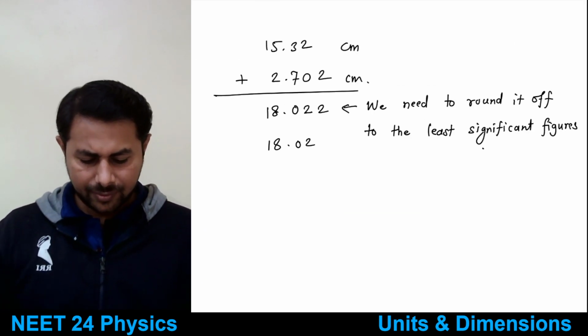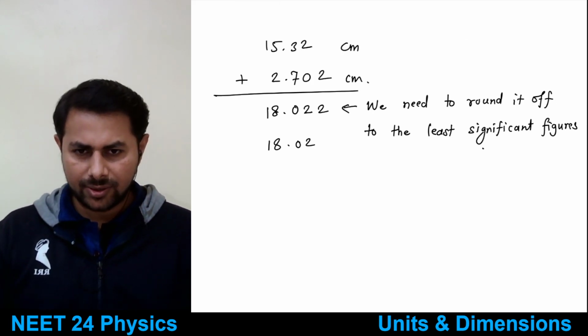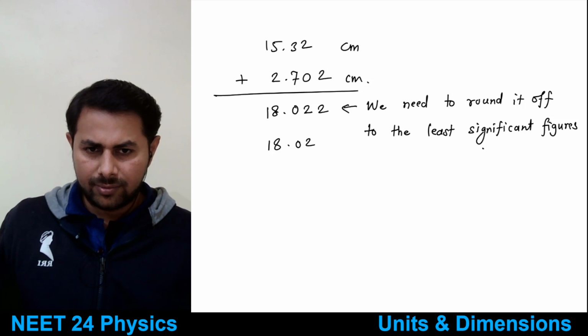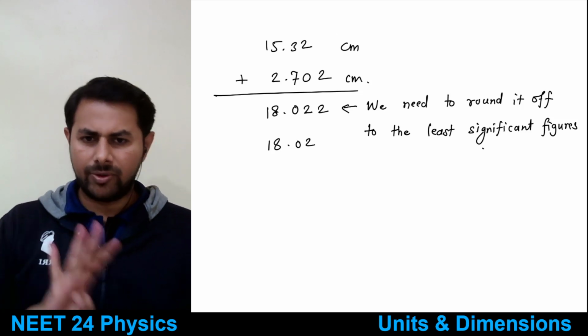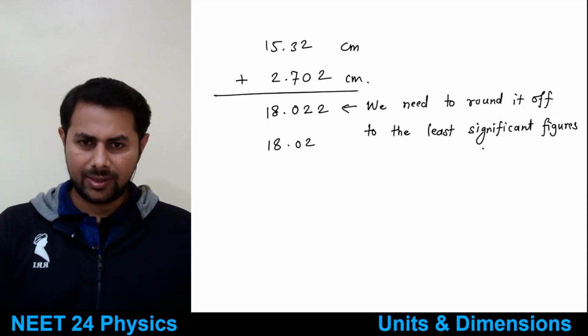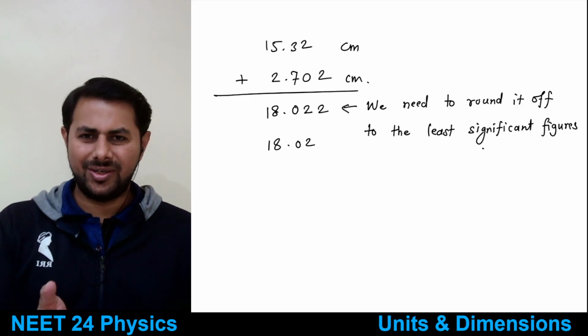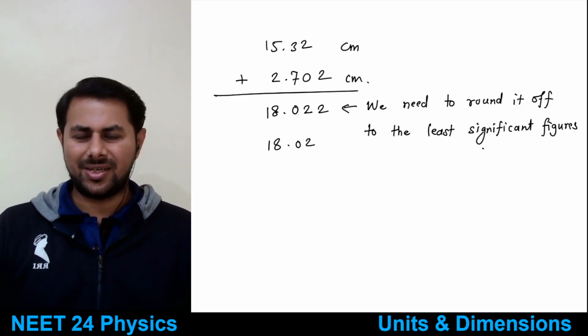Then now we do various calculations. In 40.00 there will be 4 significant figures, because these trailing zeros are important, right? And the zeros in between any two significant digits are also important.